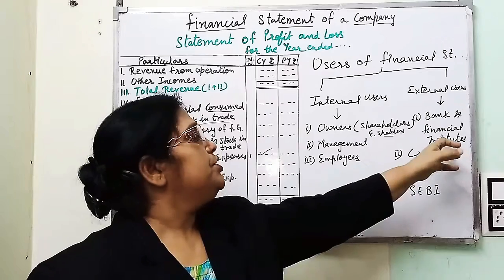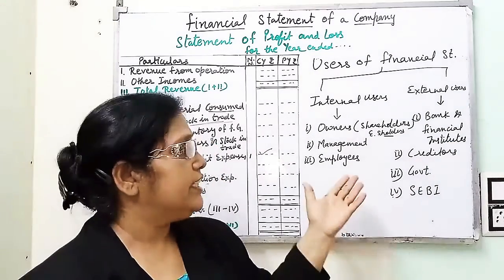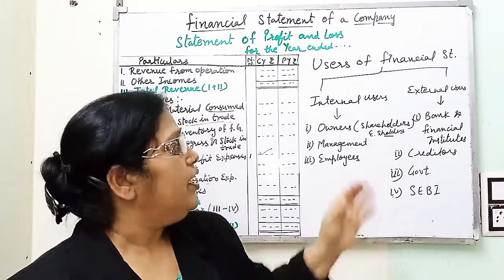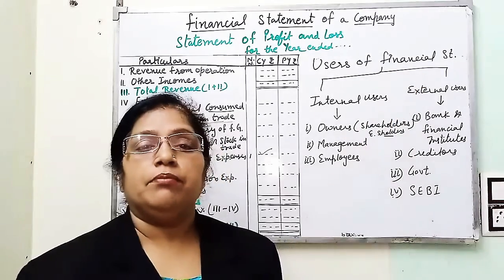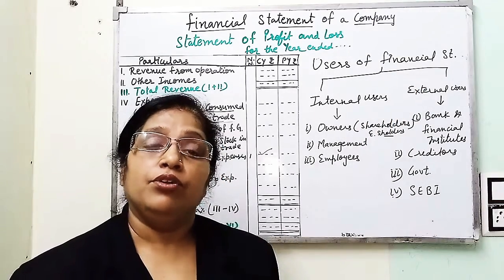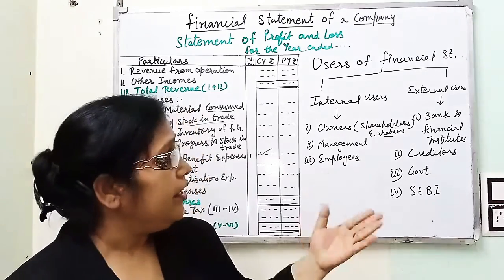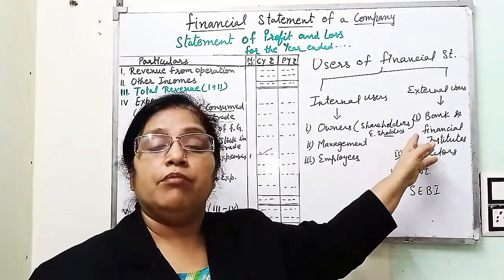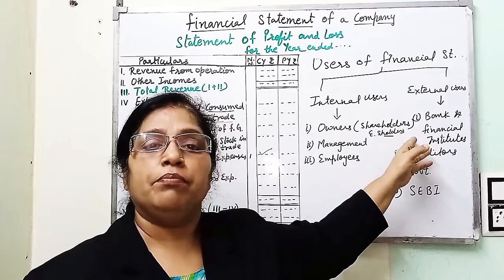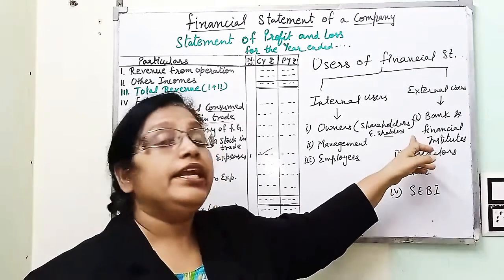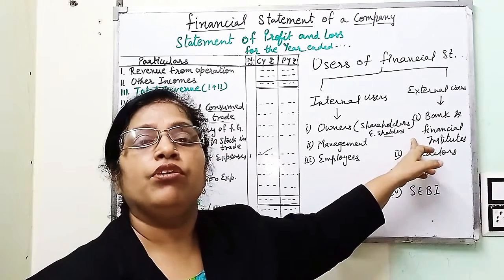Banks and financial institutes are the persons who have given loans to the company. They want to know the financial statement of the company so that they can know about the earning capacity of the business, and whether they will get their money back after a particular period of time, or they will get interest on a regular basis or not.